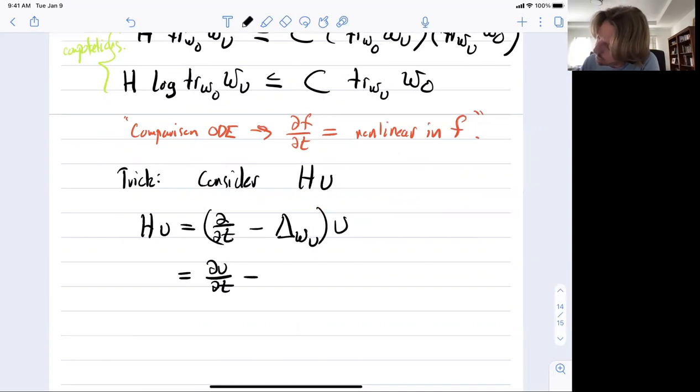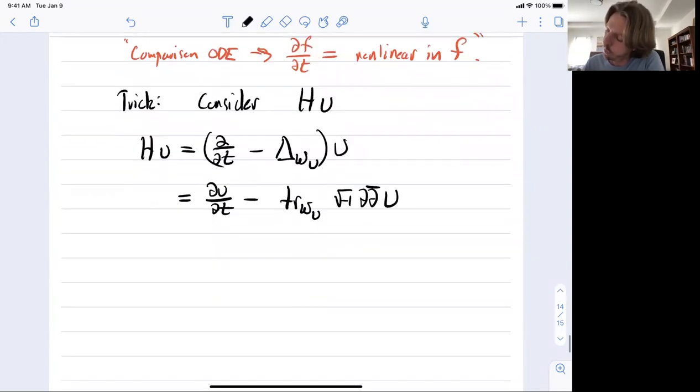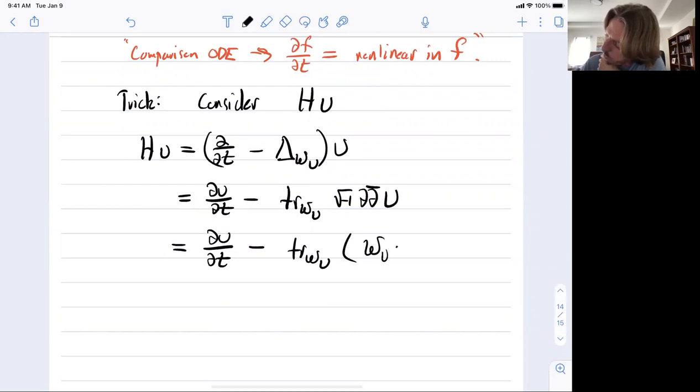And then minus, how can I understand this Laplacian? This is trace omega u of i dd bar u. But then here's the magic, right? This is where a lot of this nonlinear structure magically disappears. You use the geometric interpretation of i dd bar u and just say this is omega u minus omega naught.